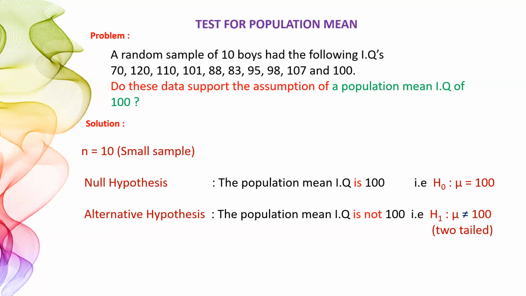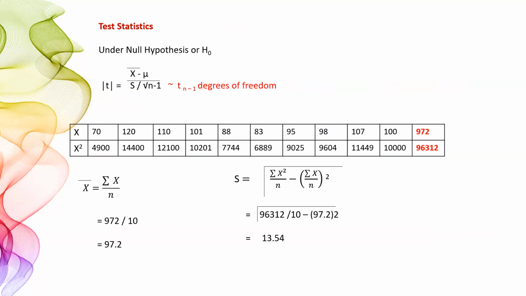So the next step is applying the formula, which is the test statistic under the null hypothesis. This is the formula: X bar minus mu divided by S by square root of n minus 1, which follows a t distribution with n minus 1 degrees of freedom. Here we have to find the X bar value.